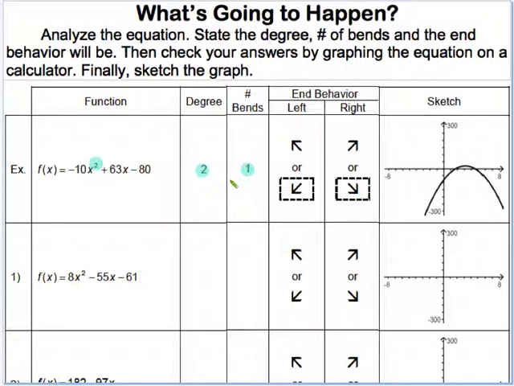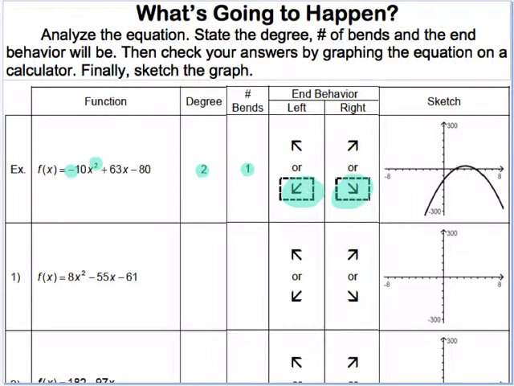Notice it doesn't look like I have a leading coefficient, but because my coefficient isn't there, that means the coefficient is just 1. And because of the negative sign, I know it's -1. So that means that both the left and the right side are going down here and here.